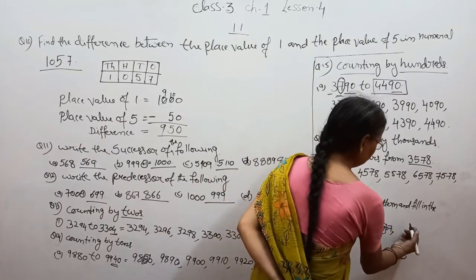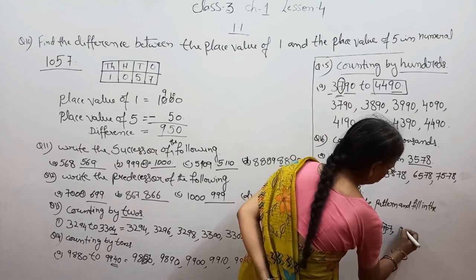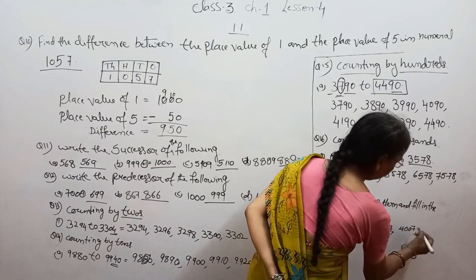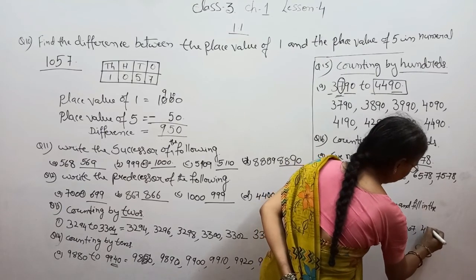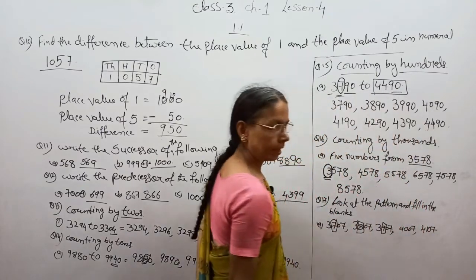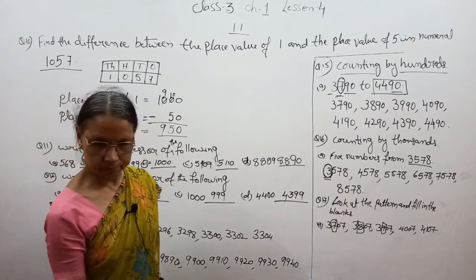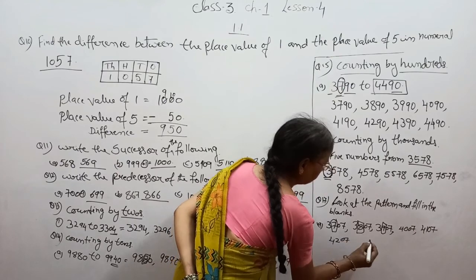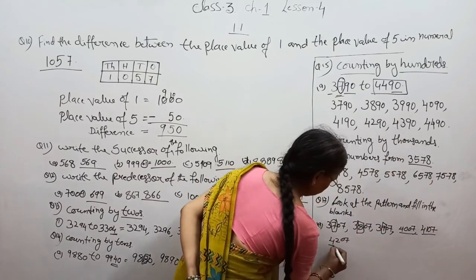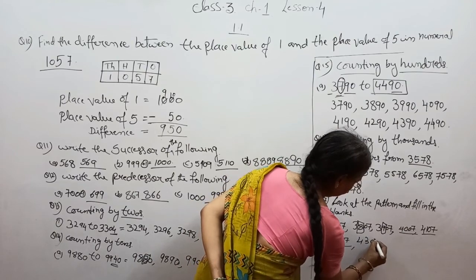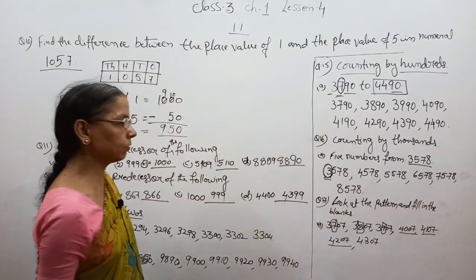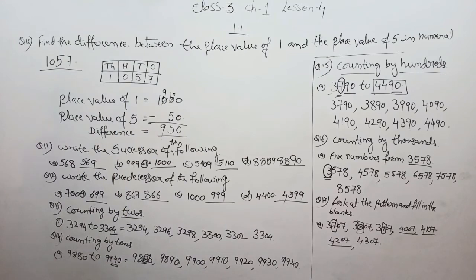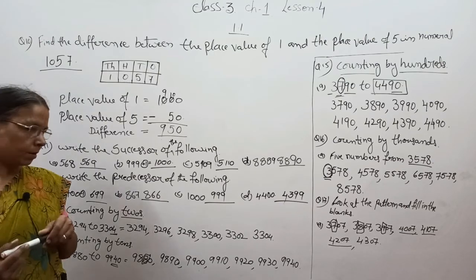Now we have to continue changing the hundreds, that is 4007, then 4107, and 4207, 4307. Like this we have to write the other 2 questions also, which change according to the pattern.